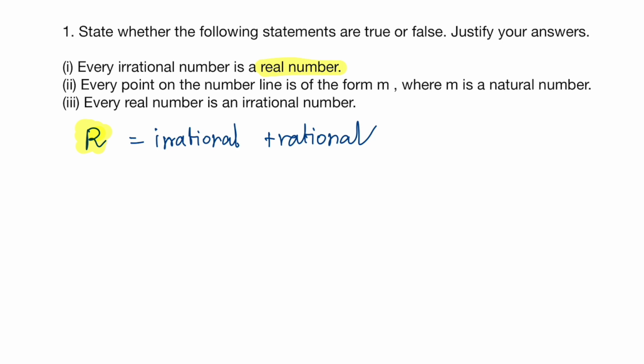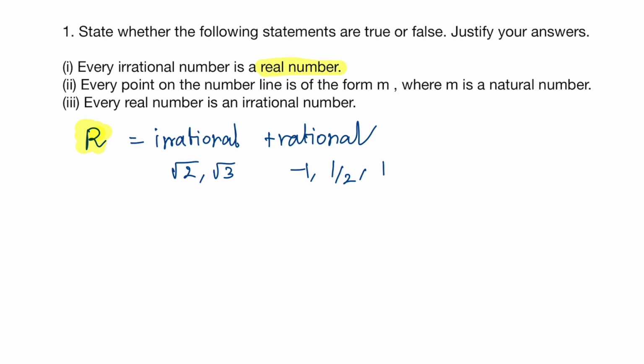Now we have drawn number lines, right? And we have also marked both irrational numbers and rational numbers on the number line. For irrational numbers, we have marked root 2 and root 3 on the number line. For rational numbers, we have marked so many things: negative 1, integers, fractional numbers, positive numbers, everything.